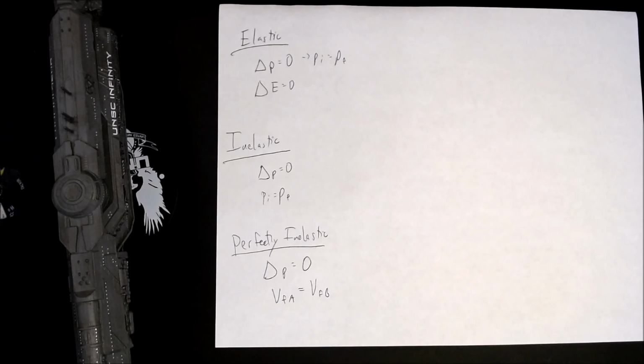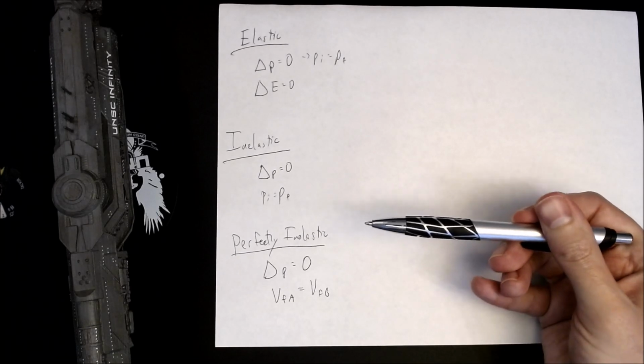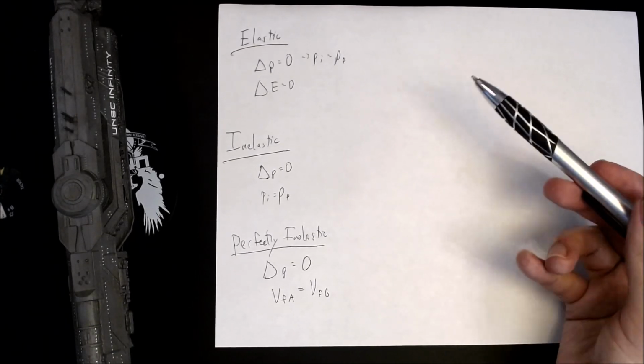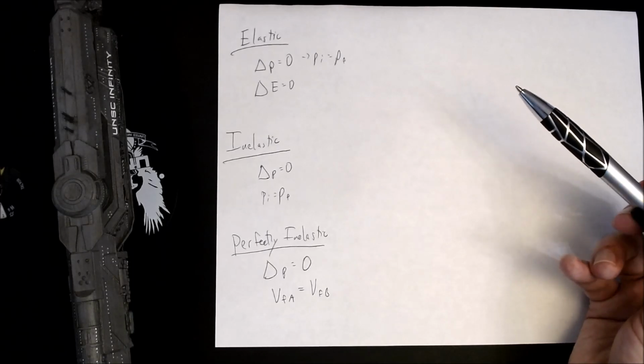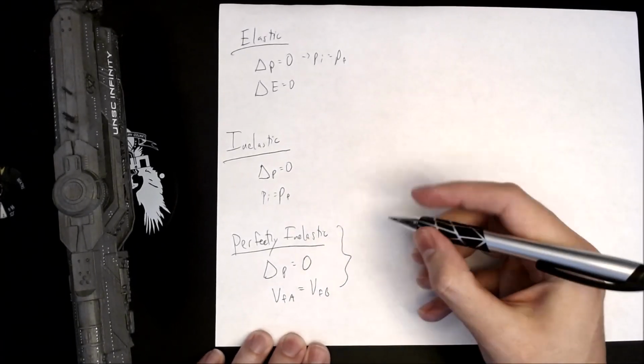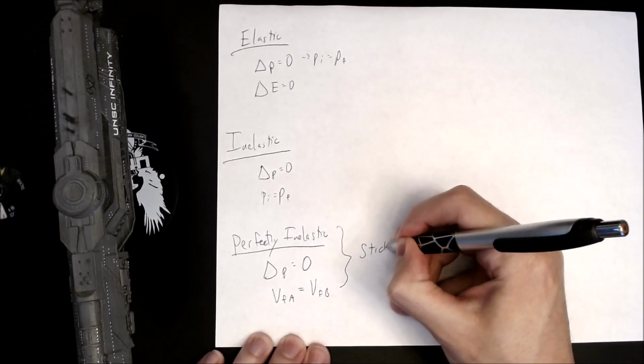Well, the two vehicles, the smart car and the semi, they stuck together, and so that must have been a perfectly inelastic collision. Whereas the collision with Alfred and Bruce, they didn't stick together. So for perfectly inelastic, they're going to stick together.